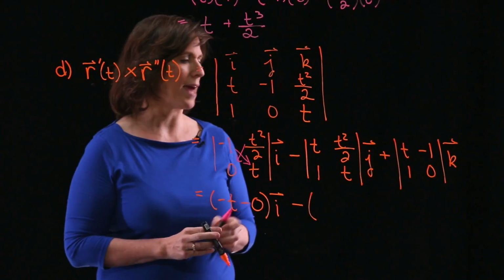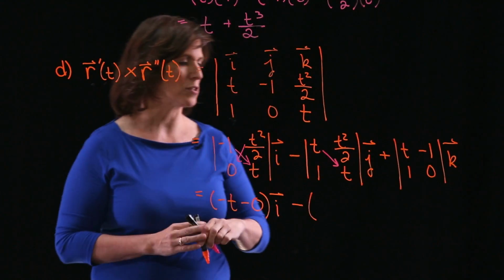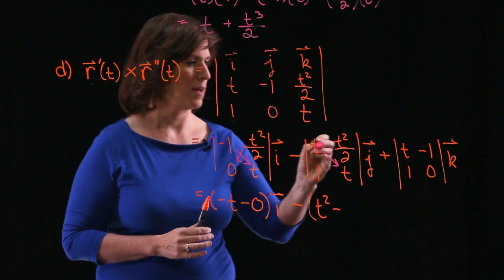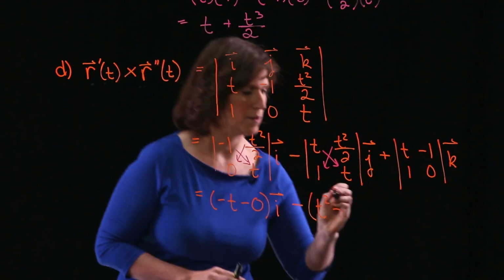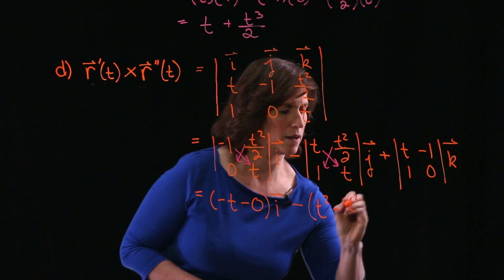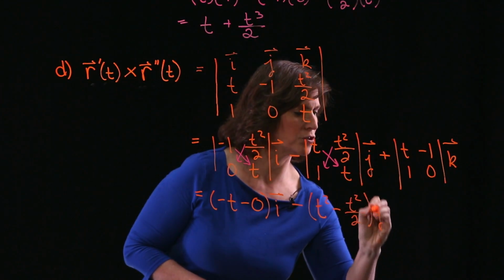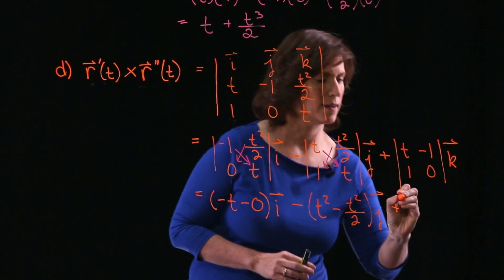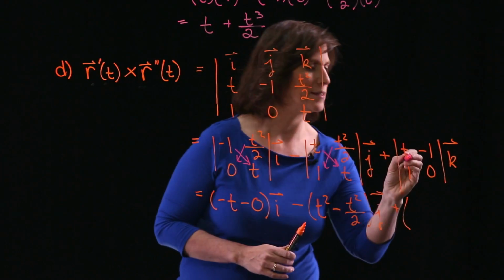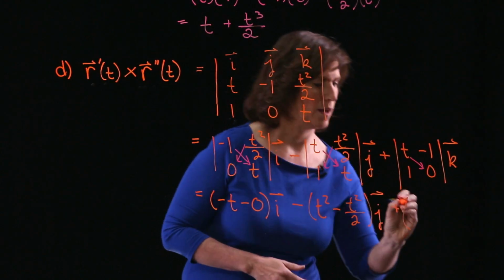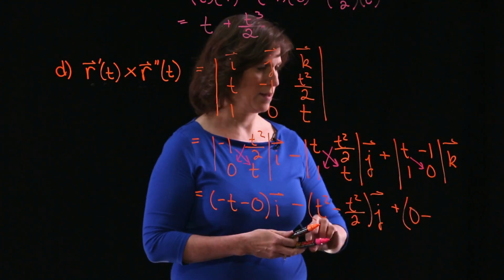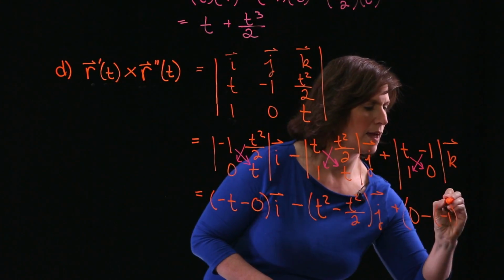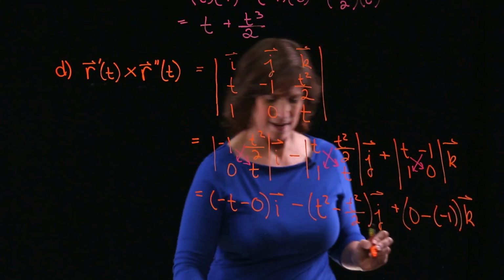For the second piece, again, I'll have t squared minus t squared over 2 times my vector j. And then for the last piece, I will have 0 minus a negative 1. And that's times my vector k.